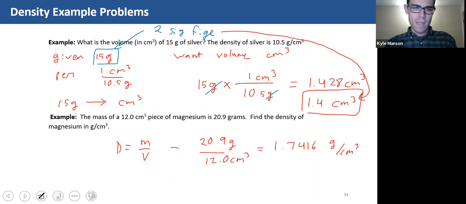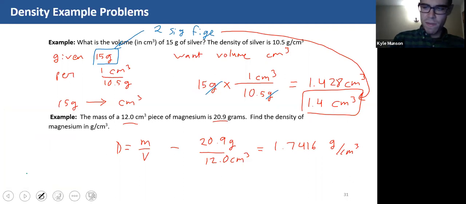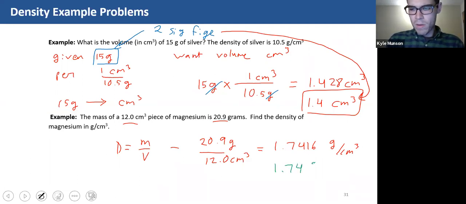That's the density that I calculate here. Okay, and the problem is what? Well, this has the incorrect amount of significant figures. If we look back here, that has 3 significant figures, this has 3. So this needs to be rounded to 3 significant figures, which will be 1.74 grams per centimeter cubed.